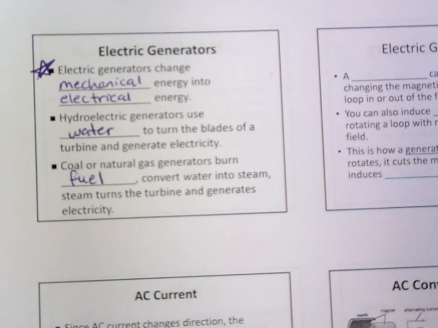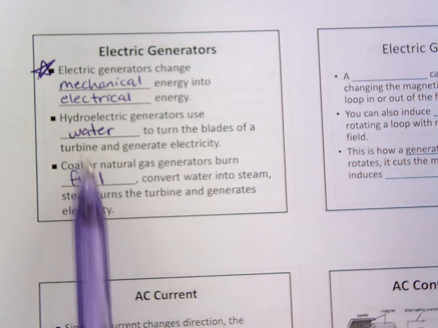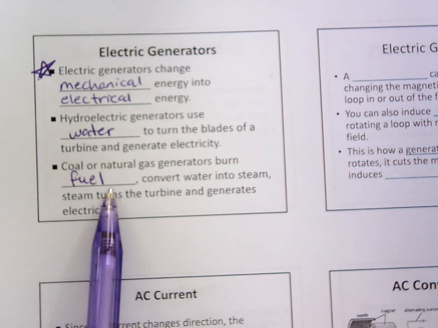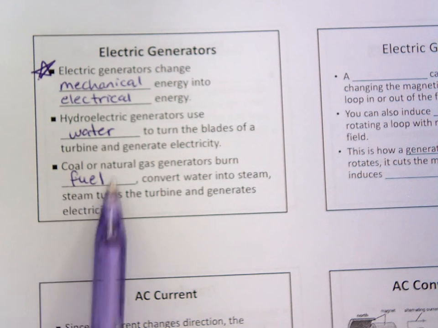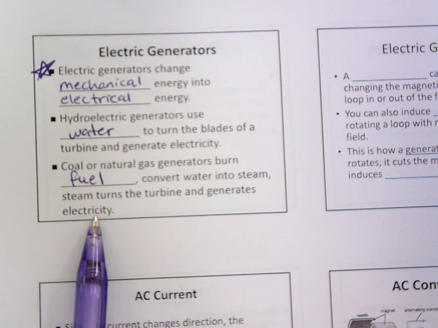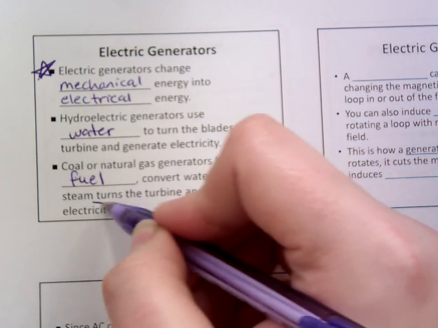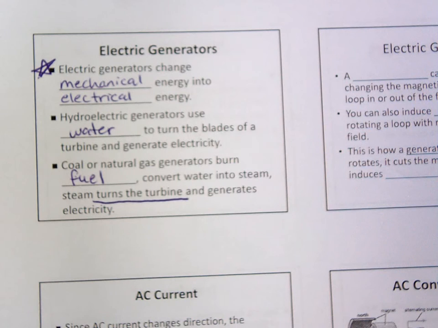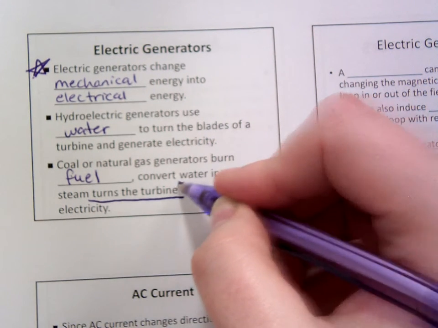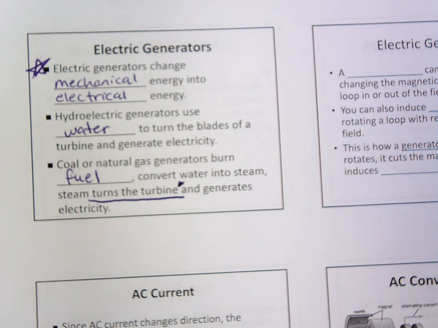Now, I want you to understand something here. Burning fuel technically is a chemical change, but the burning fuel is not what gets changed to electricity. It's the turbine turning that generates the electricity. So the key part is the motion of the turbine creating electricity.